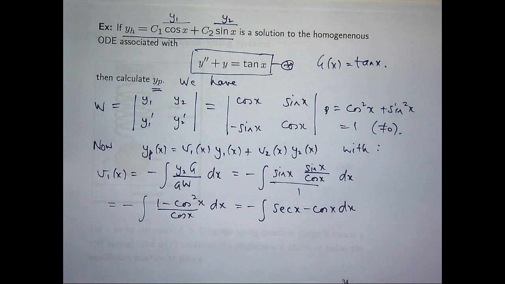Now, the integral of sec is not easy. If you got a question like that, you'd probably be given a table of integrals, at least in the exam session. So the integral of sec x is going to be something like log of sec x plus tan x.